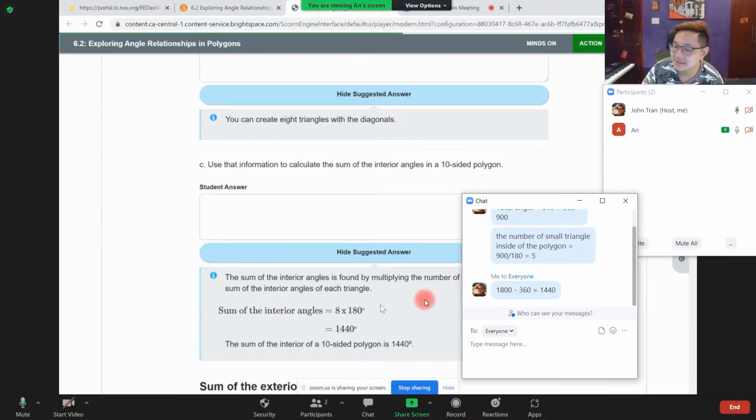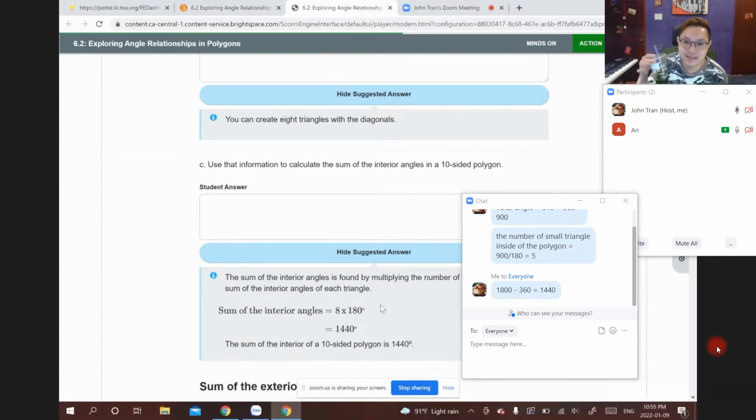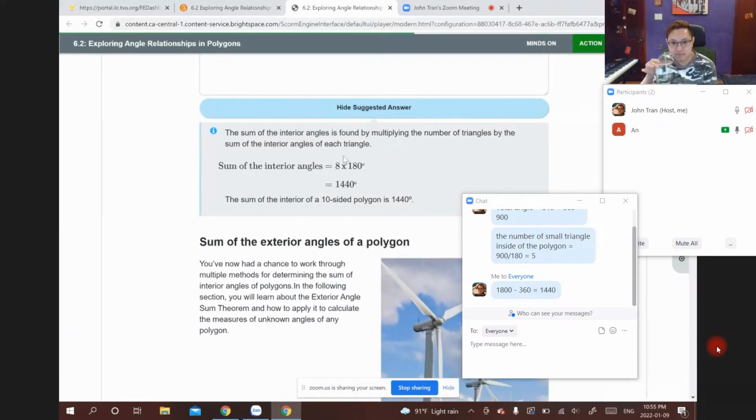So that's why you have 8 triangles. Now use the information to calculate the sum of the interior angles in the 10-sided polygon: 8 times 180. The sum of the interior angles of the polygon is 1,440 degrees.